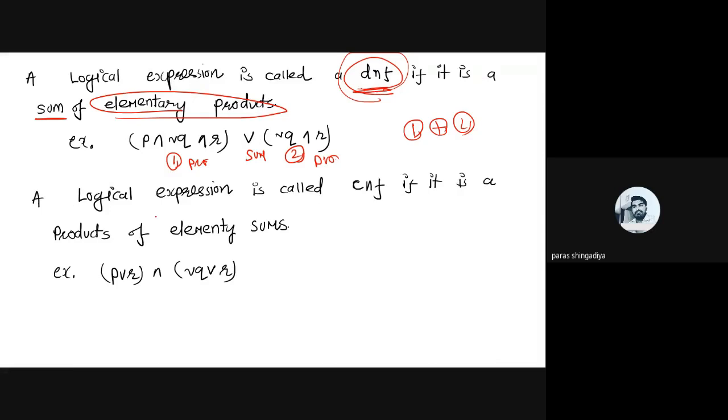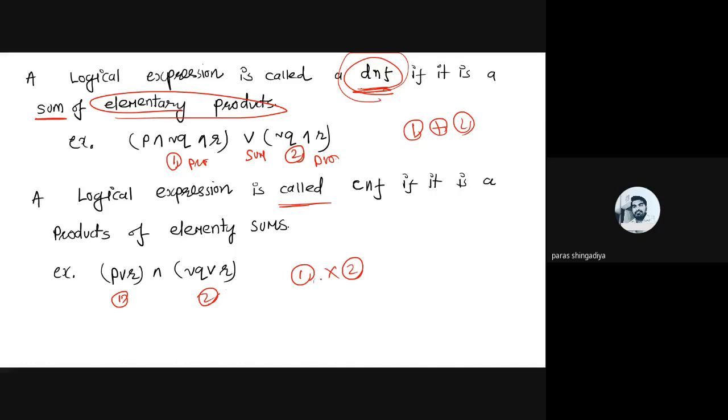And then the second one, CNF. What is the meaning of CNF? A logical expression is called a conjunctive normal form, known as CNF, if it is a product of elementary sums. Check brackets 1 and 2 in the second definition. The first bracket is a sum of P and R. The second bracket is a sum of negation Q and R, so they are called elementary sums. 1 and 2 are elementary sums, and now you have to multiply them.